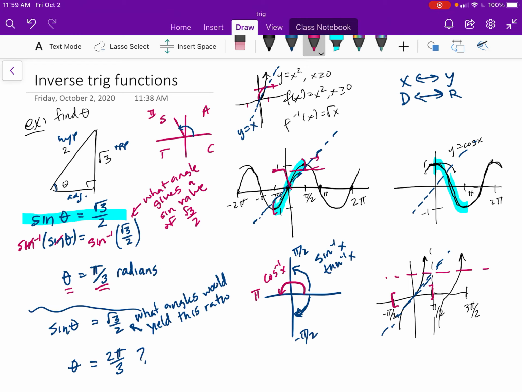Oh, that's hard to picture, this graph. Don't trust my art skills perfectly here. I'm going to give up on that. You can look at the graphs of the inverses.